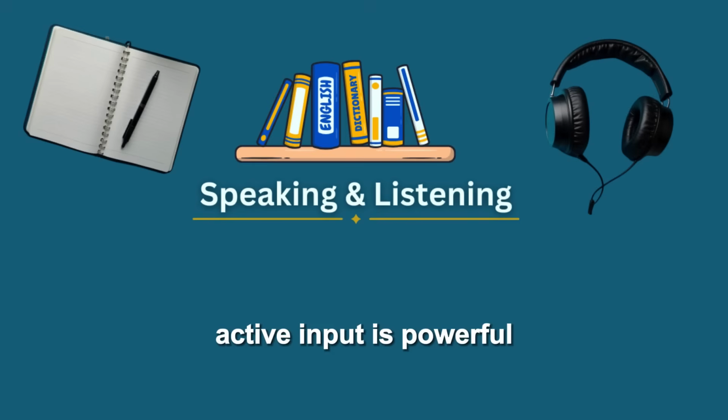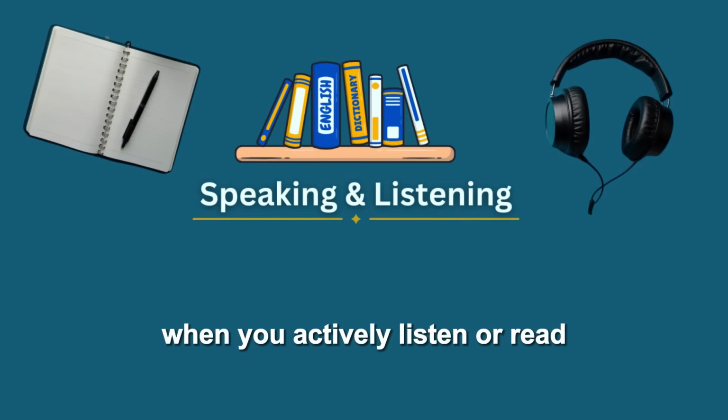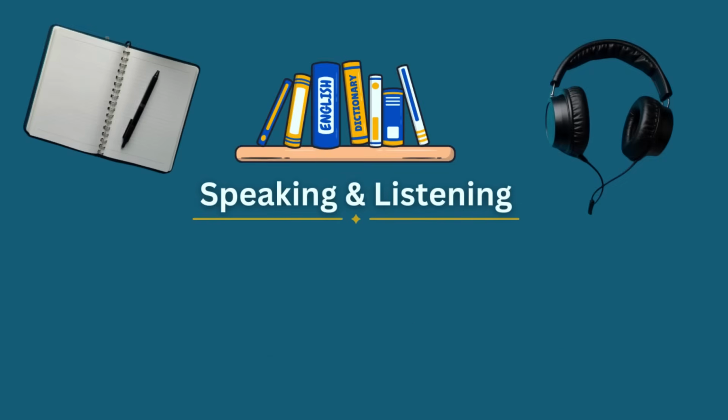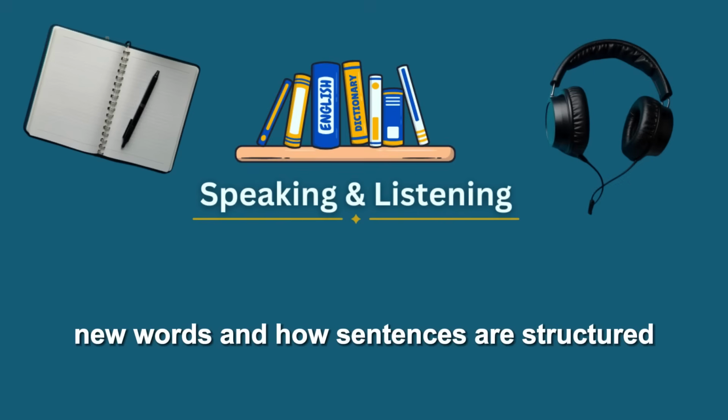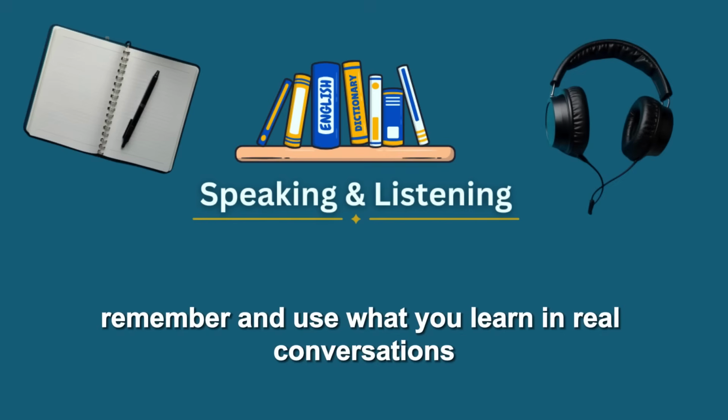Active input is powerful because it forces your brain to process English deeply. When you actively listen or read, you notice patterns, new words, and how sentences are structured. This makes it easier to remember and use what you learn in real conversations.